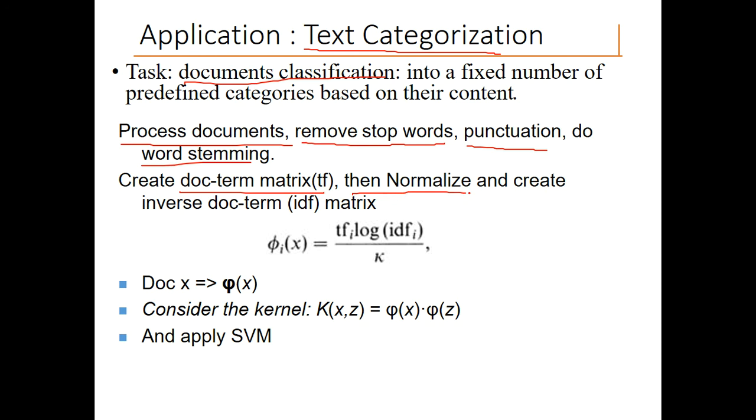After that you normalize the values in the term document matrix in order to get the inverse document frequency matrix. Now every row of the data set you may consider as phi x. Apply the linear kernel or polynomial kernel and then apply SVM.